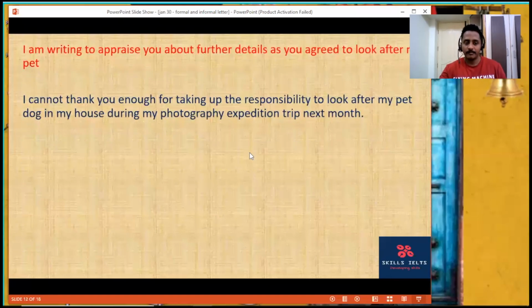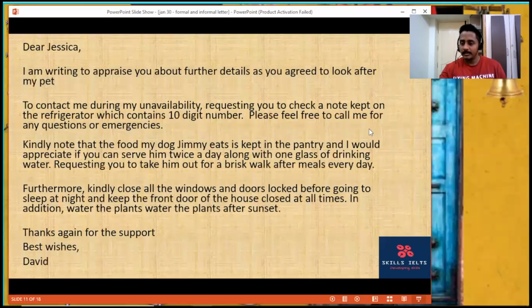Good one, Vandana. So to contact me during my unavailability, in case of any problem, you can call me at the 10-digit number written in a paper kept above the refrigerator. Requesting you is all you have to remove here.